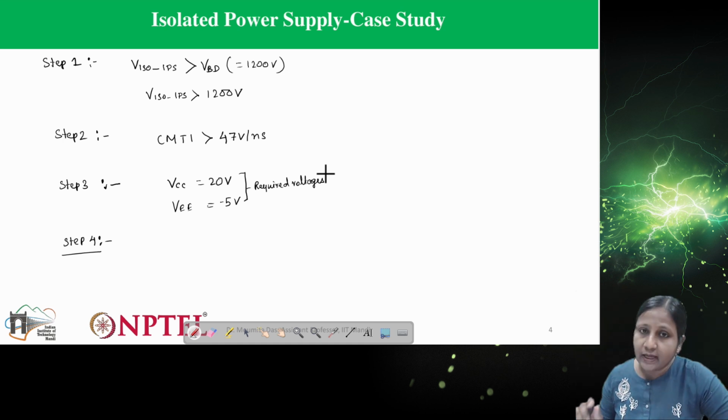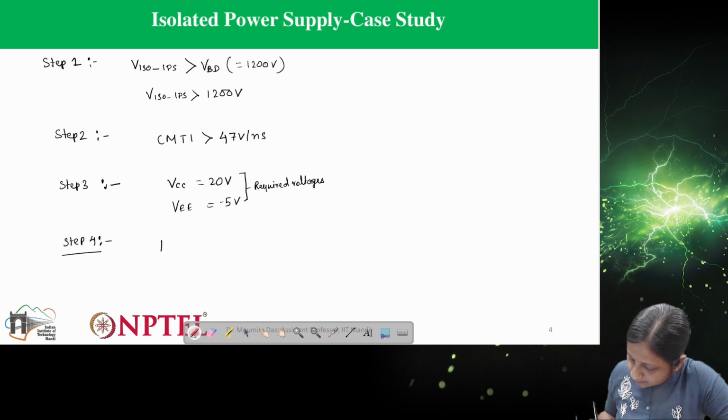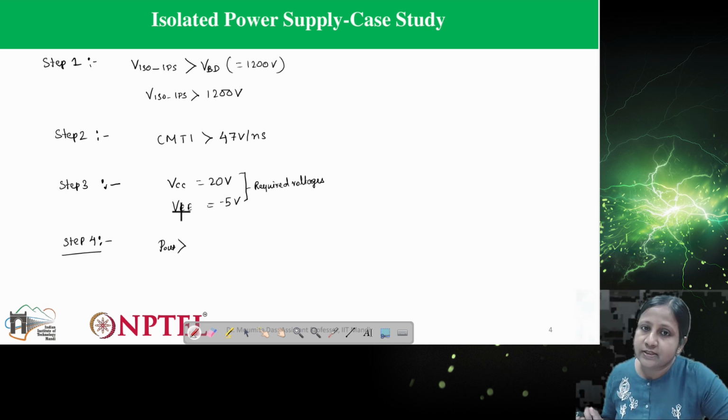We have already calculated this in the previous discussion. The power rating of the isolated power supply should be more than the power loss happening in the signal isolator, in the gate drive, and in the capacitor during charging and discharging.